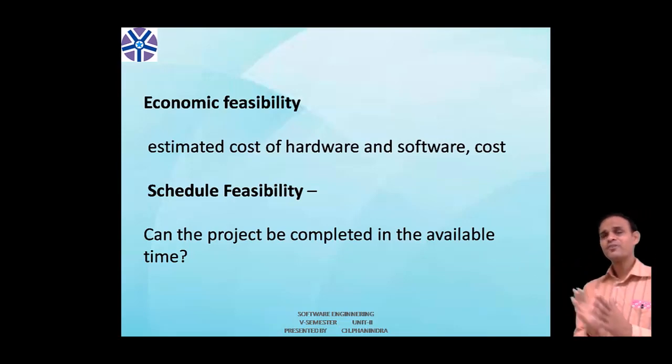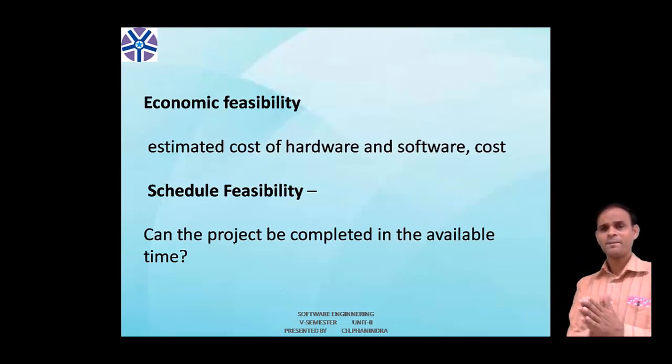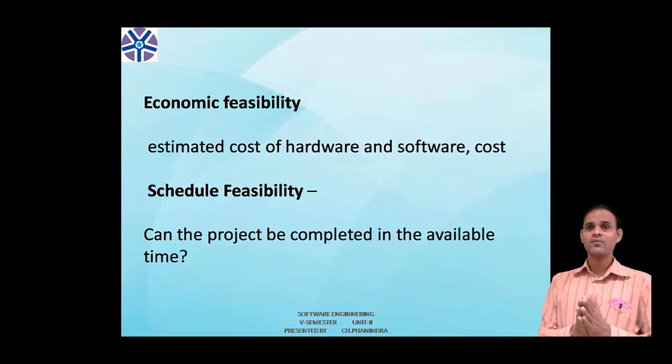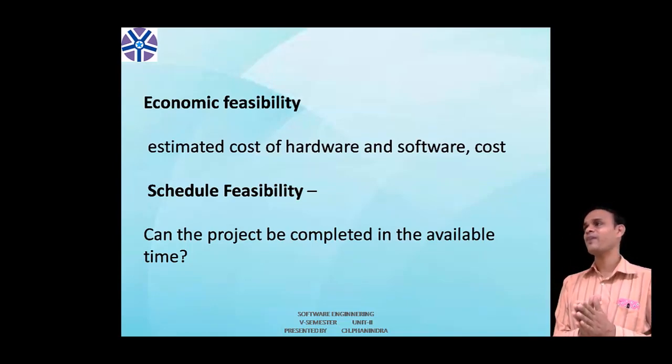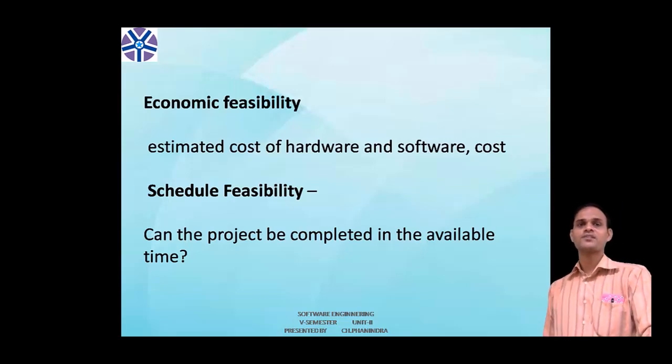So we have to define a certain, particular time. That is called schedule feasibility. It means defining the time resources to undertake the project: whether we can complete it within the time or not. So these are schedule feasibility.